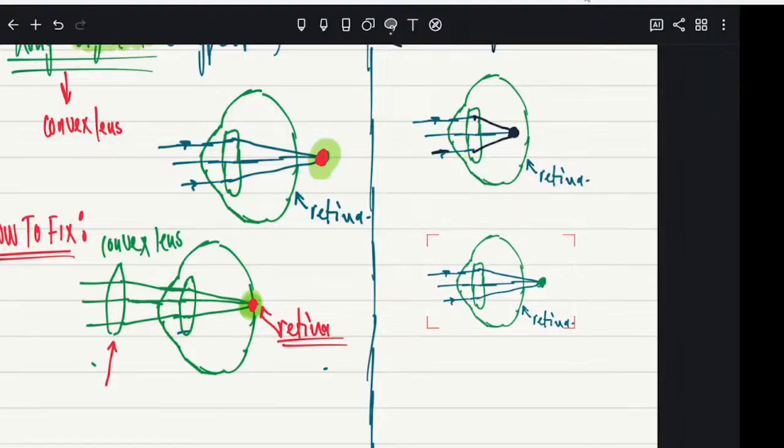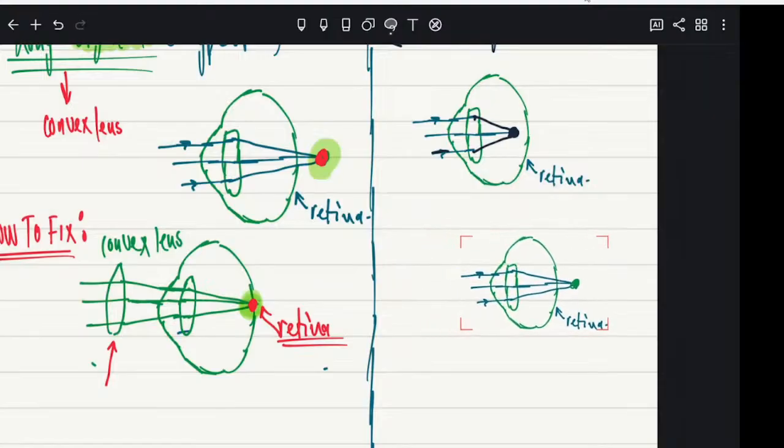So if you want to help a person that is short-sighted, you will come and do this. In front, you put a diverging lens. And it is going to spread out the rays like this, so that when they finally bend, they now meet inside.